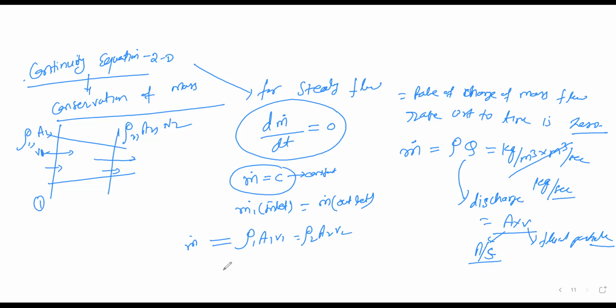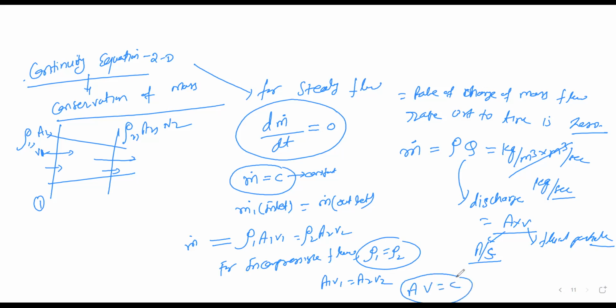And if I am assuming that for incompressible flow, the density must be equal to constant. It means you will get a1 v1 must be equal to a2 v2. And finally we can say that a into v must be equal to constant.